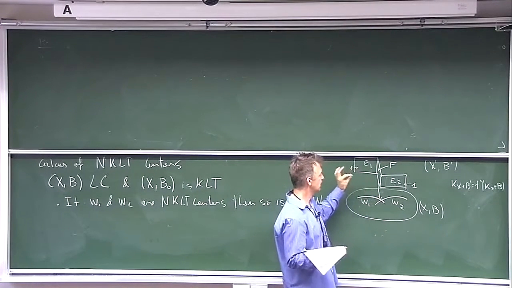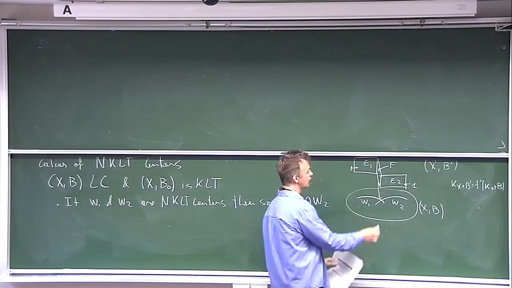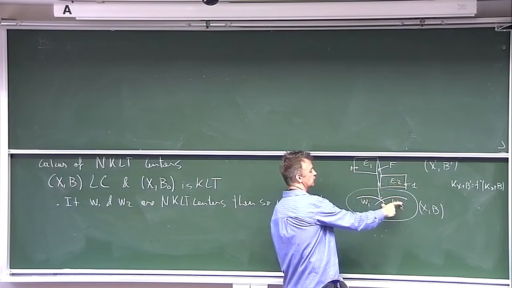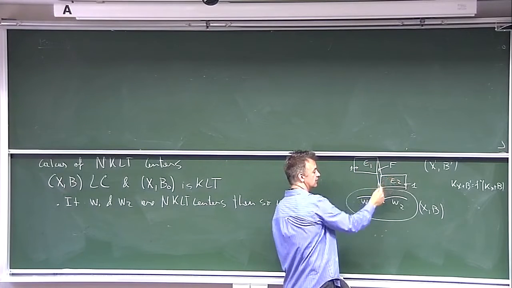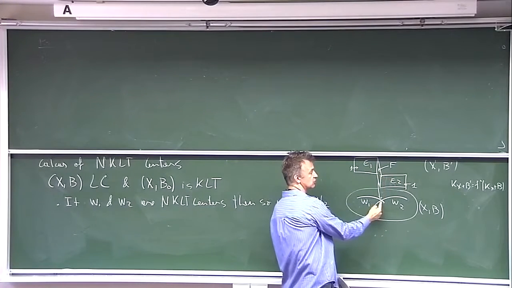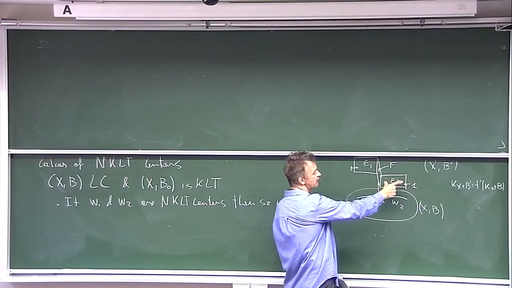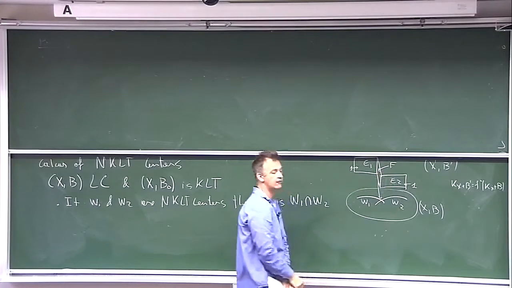So this is one of the situations in which the connectedness theorem applies. You can't have a situation in which the only two divisors over W2 and W1 with coefficient 1 are disjoint, because then the fiber over their intersection would be empty. We know that's not the case. So these two divisors either intersect or are connected by some other divisor of coefficient 1.